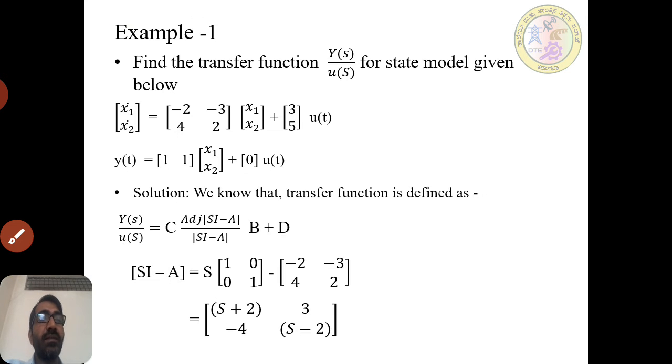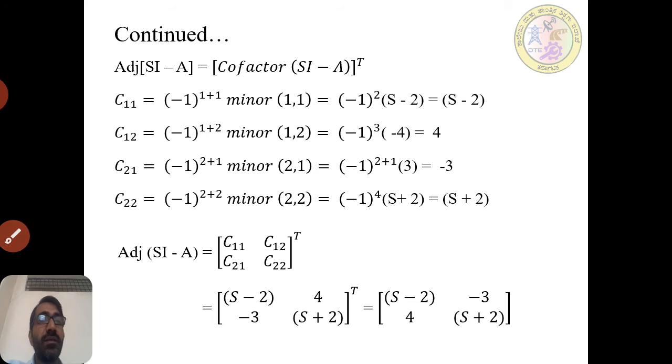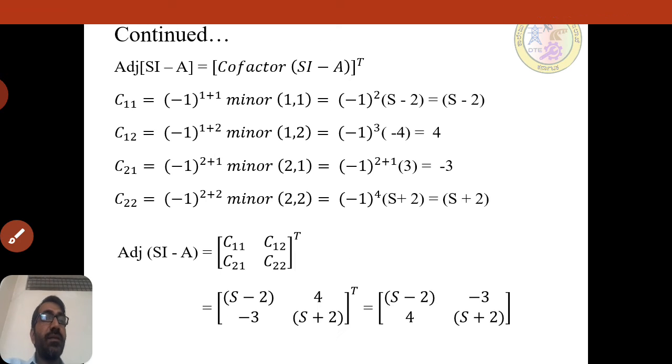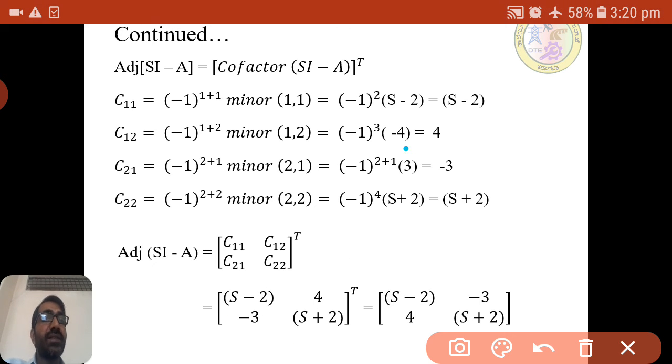Where is the place here? C12 is this term. So if you leave this term, this will be minus 4, okay. So minus 4, and similarly the cofactor at C21 can be given as 3, and this is S plus 2, okay.